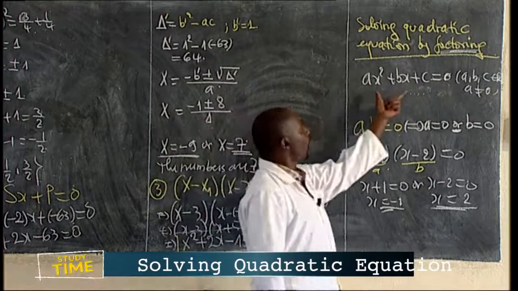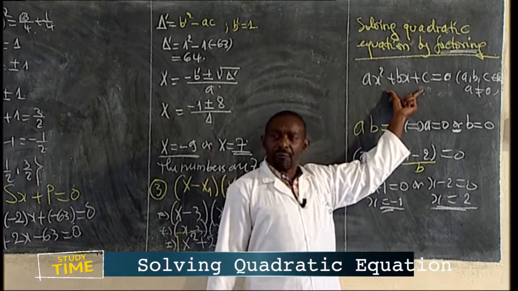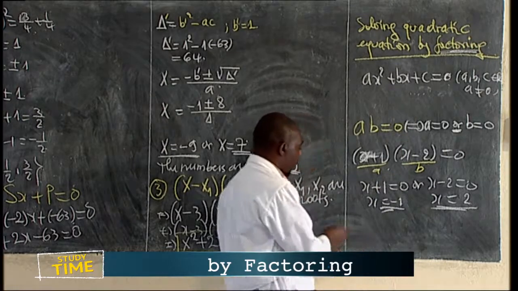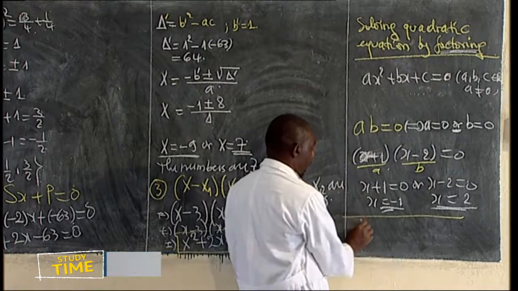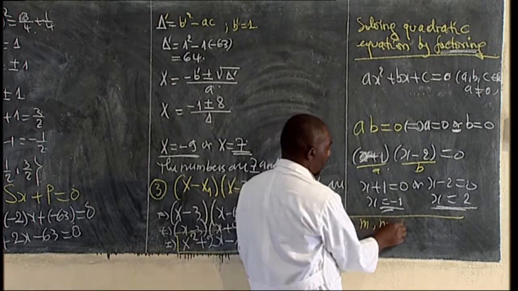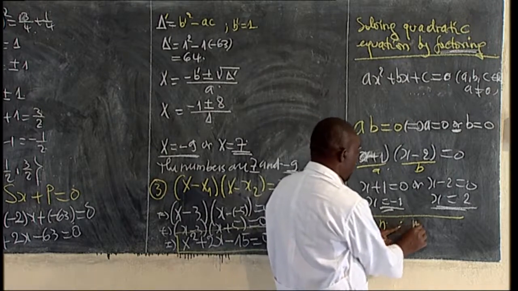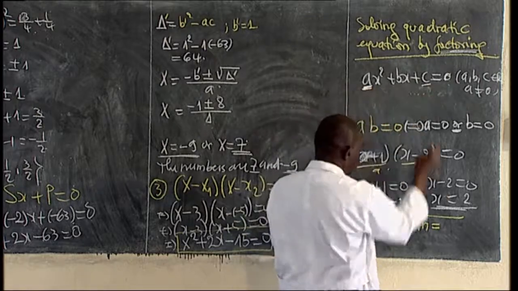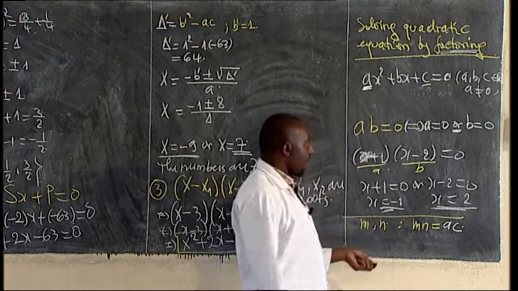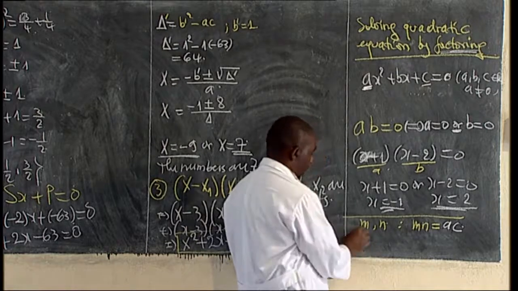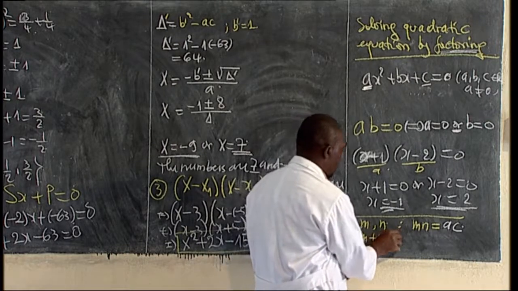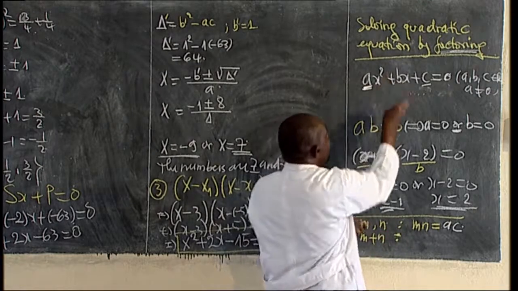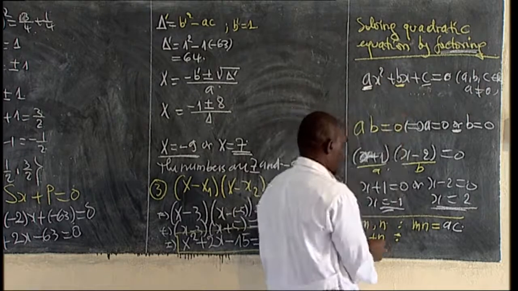Then, if you want to solve this equation by factoring, this is possible if there exist two numbers, m and n, such that the product m times n is equal to A times C. Again, the sum m plus n must be equal to B, the coefficient of x.